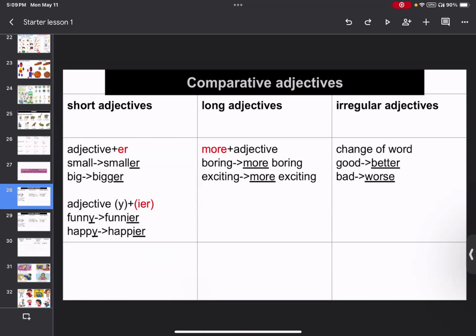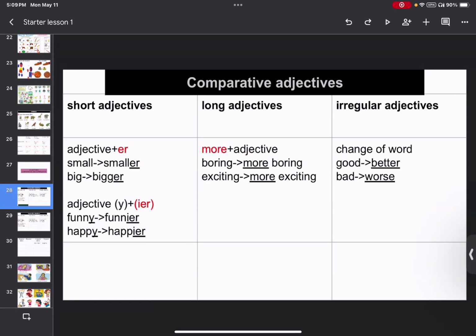For example, for the short adjectives, here you have big, small, funny and happy. If you notice, there are two different ways to make the comparative adjectives.